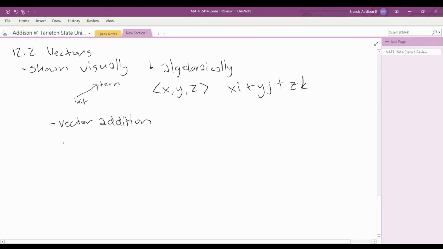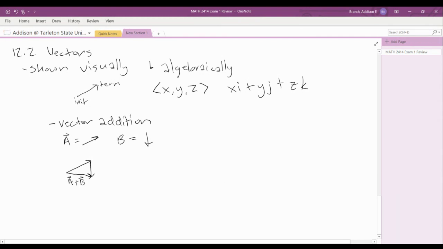So graphically, if we have A is this and B is this, and we're wanting A plus B, we're going to draw A and then connect B to the terminal point of A, and then connect the initial point of A to the terminal point of B, and that will be A plus B. Or if you're in components, you can just add your components together. So add all of your x's together, and that's your new one. Add your y's, that's your new one. Add your z's, that's your new one.